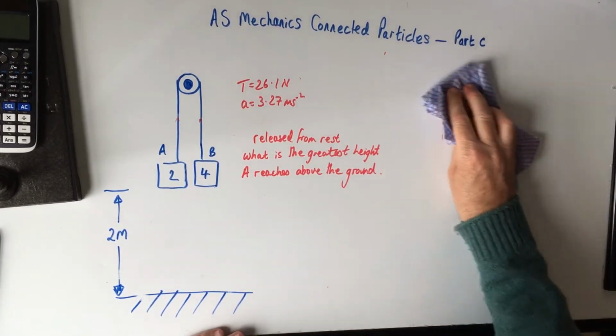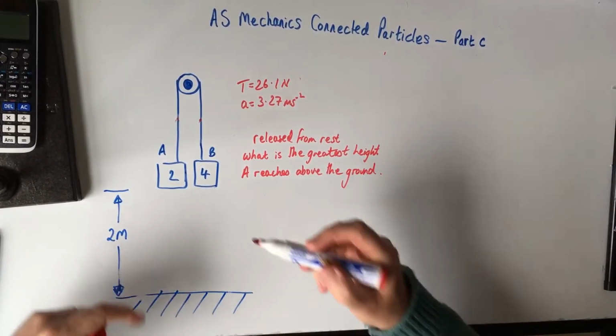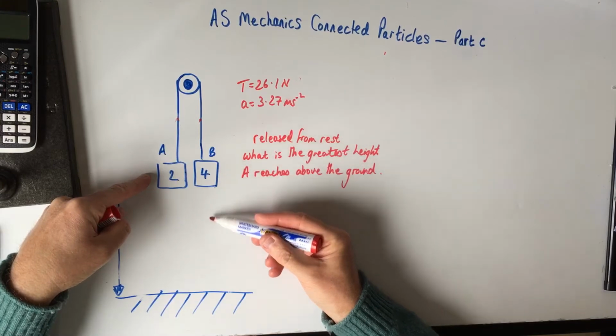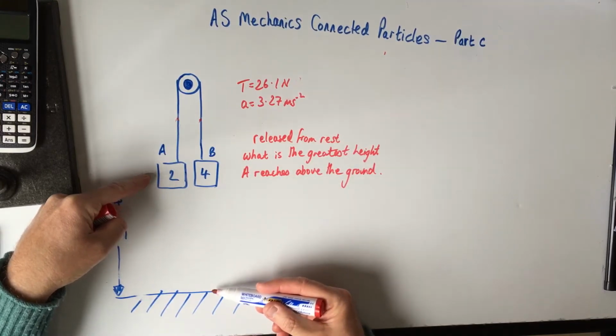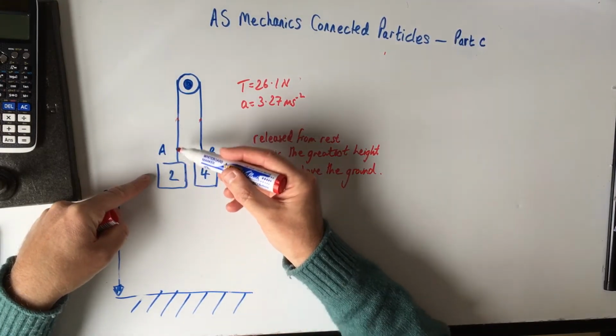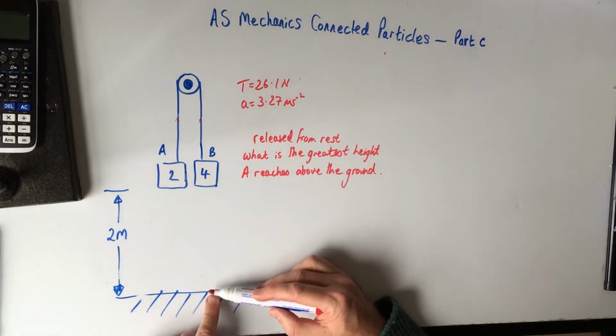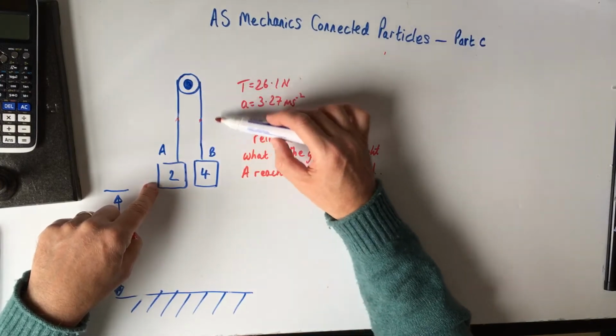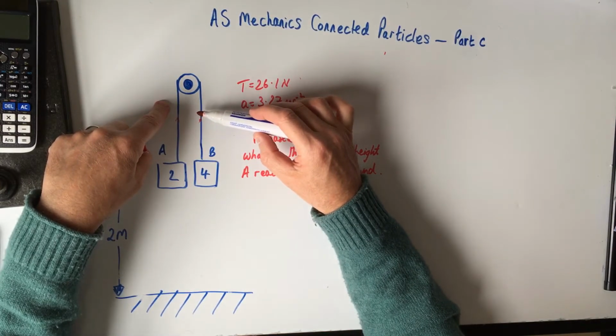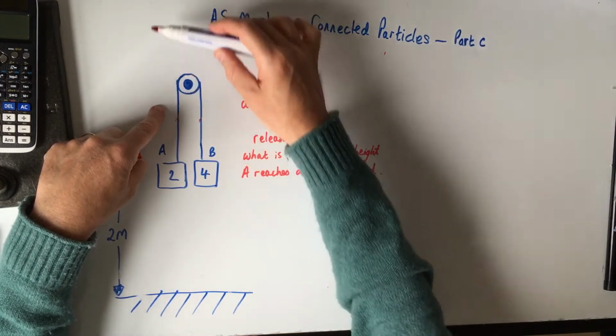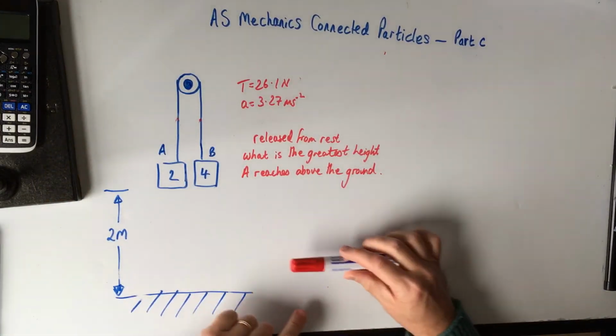What I'm trying to say is that when this is released from rest, the heavier one travels down 2 meters, and A travels up 2 meters. When this hits the floor, of course B stops, and the string becomes loose. But A doesn't stop moving up because it's reached a velocity.